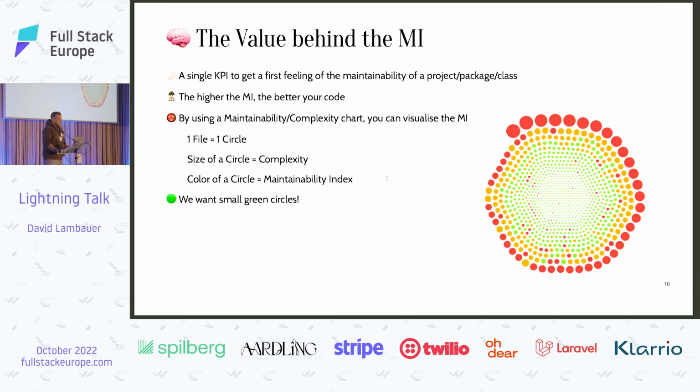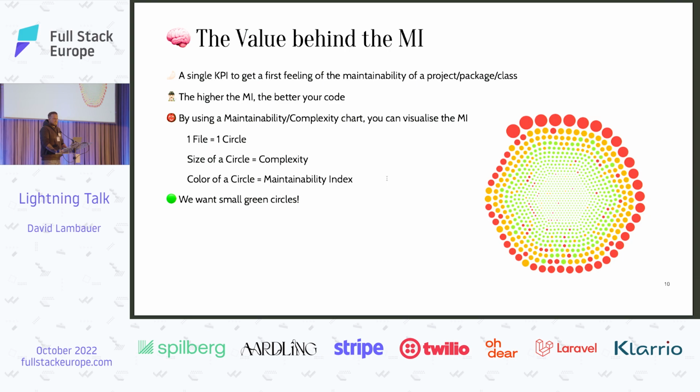If you generate it by class, you can see which class needs a little bit of love, to make it a little cleaner here and there, smaller. And in general, the rule of thumb is the higher your MI is, the more maintainable your code is.